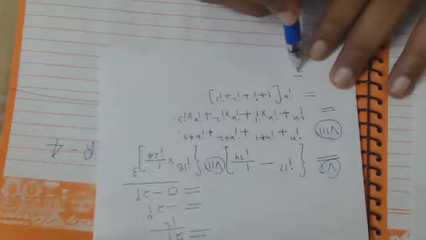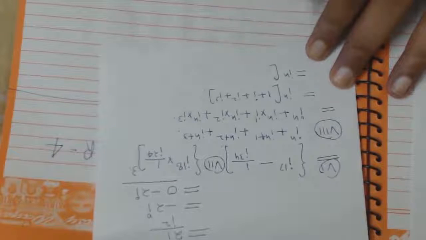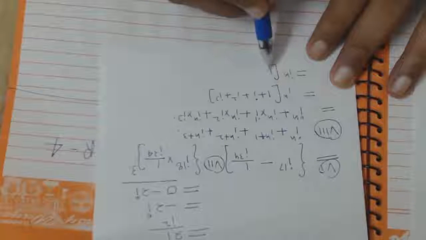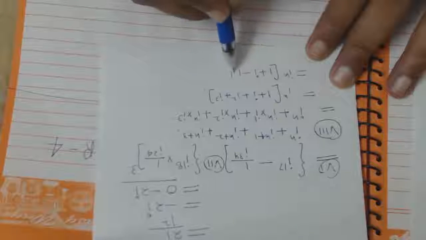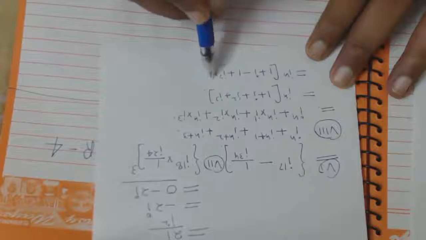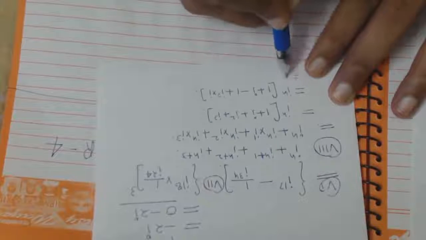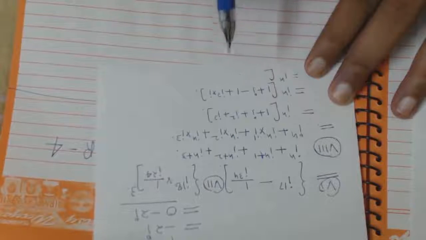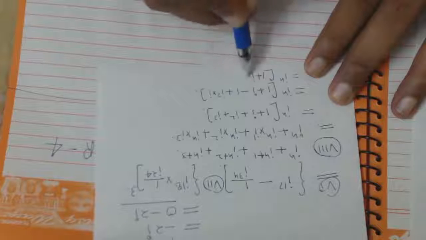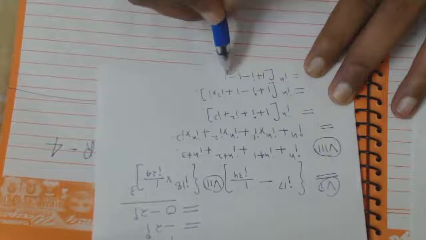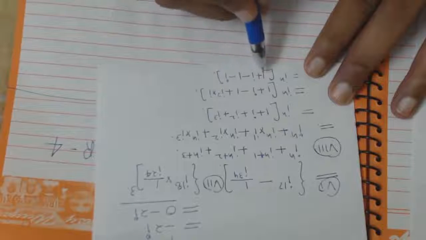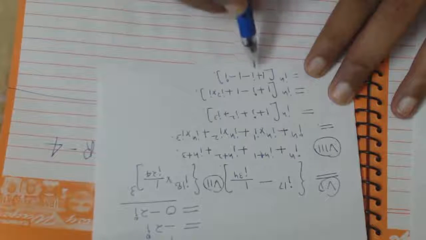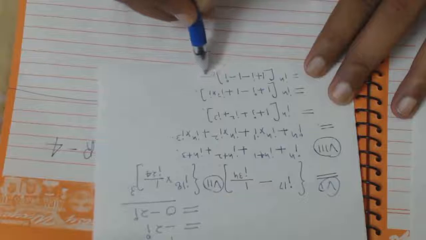Now this is iota raised to the power n, 1 plus iota. Iota square is minus 1. Iota cube is iota square into iota. So this will be iota raised to the power n, 1 plus iota minus 1, and iota cube gives you minus iota. So this minus 1 and this plus 1 cancel out. Plus iota minus iota cancels out. The answer is 0.